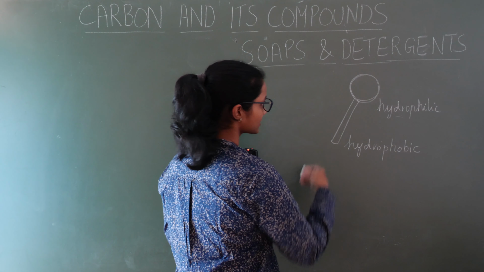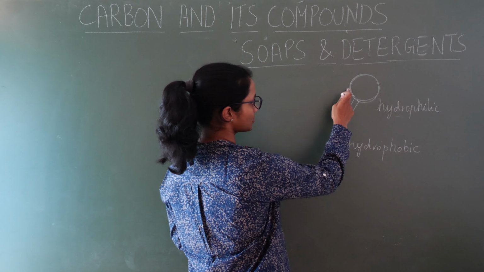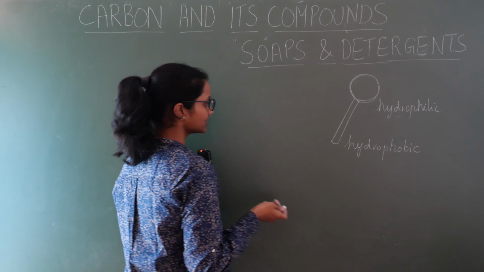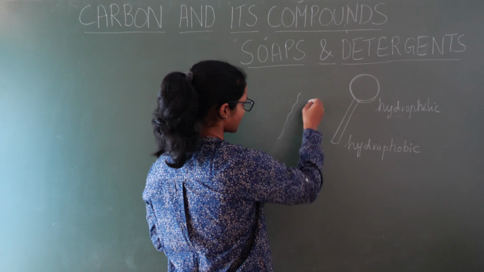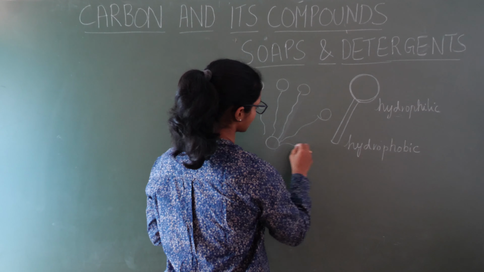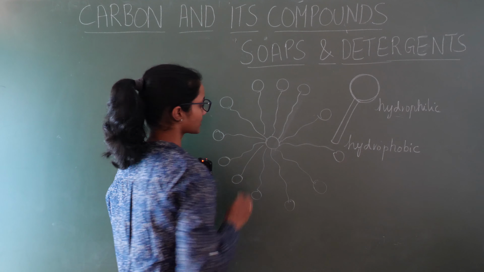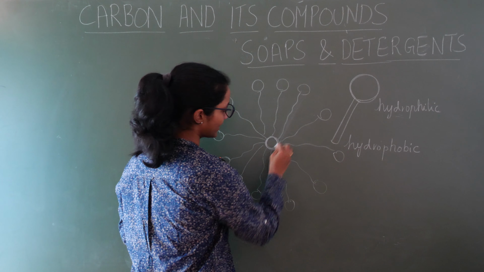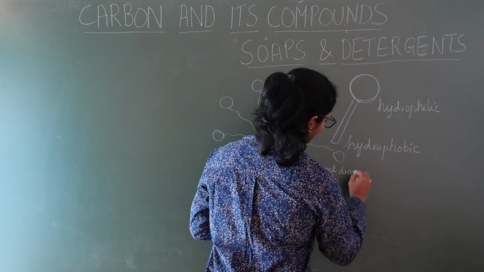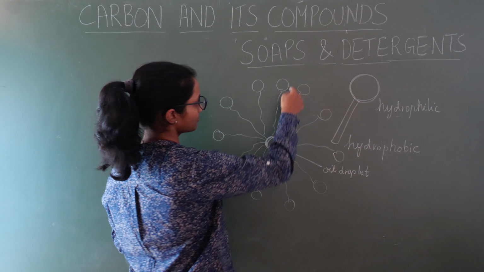So all these molecules of soap, there are many molecules, get attracted towards water. This is the sodium end, so it gets attracted towards water. So this is what is formed. This is the oil droplet, and this is the molecule of soap.